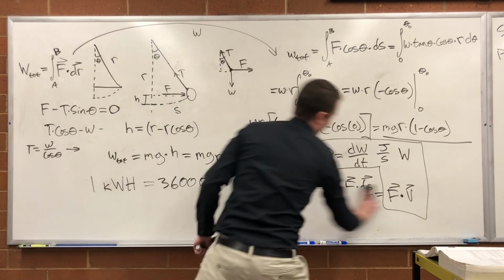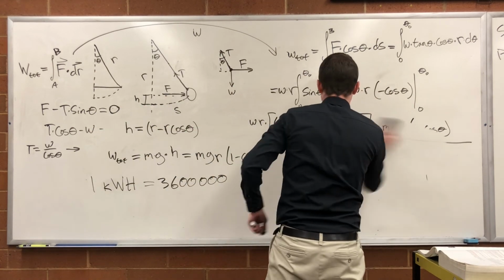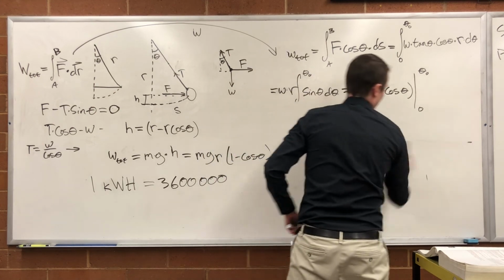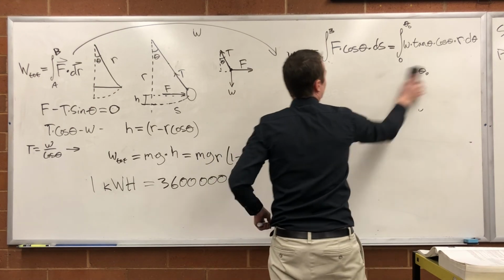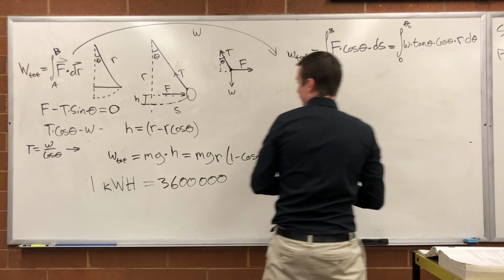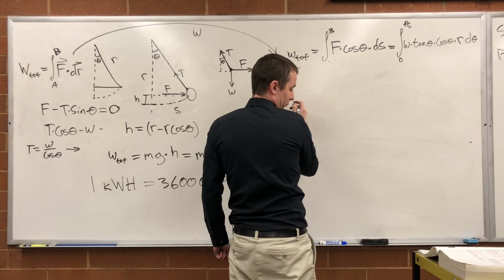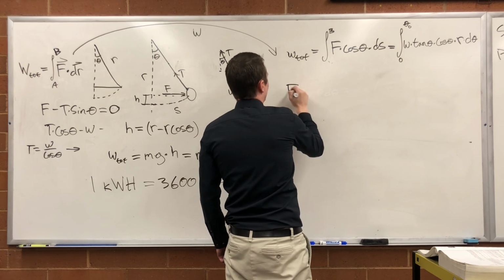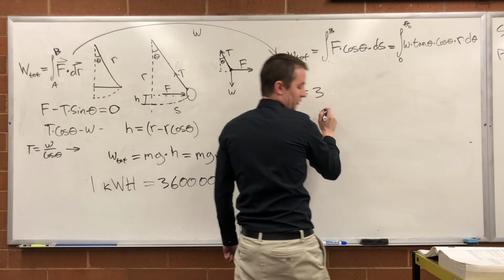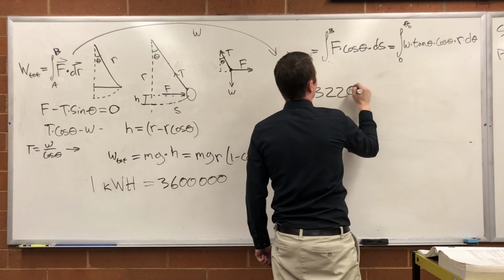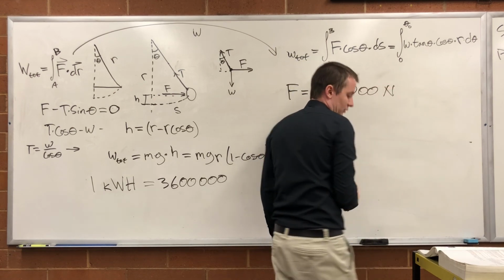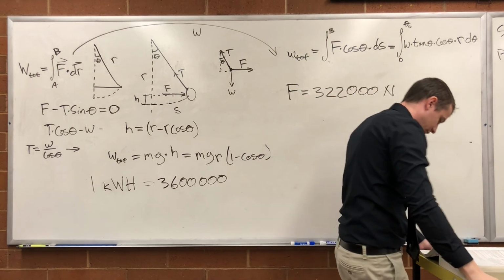Talking about thrusters on an airplane. The force of one of the thrusters is equal to 322,000 newtons. That's how hard one of the engines is pushing.